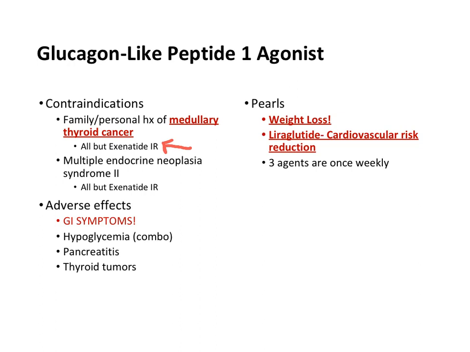There's also a warning on all of them, except for the exenatide IR, for multiple endocrine neoplasia syndrome type 2. So, these are odd types of things, and for patients who have those things in their history, you would just avoid GLP-1s altogether. On the adverse effects side, GI symptoms are very, very common and can be disturbing for patients.